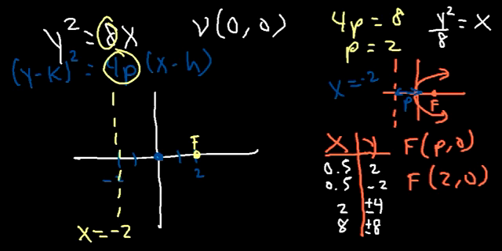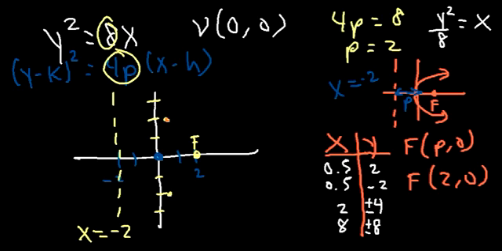But we may not need to go that far. So when we plug in 2 for y, x was about 0.5. So that means it's somewhere over here. But also for negative 2, we get positive 0.5 for x.